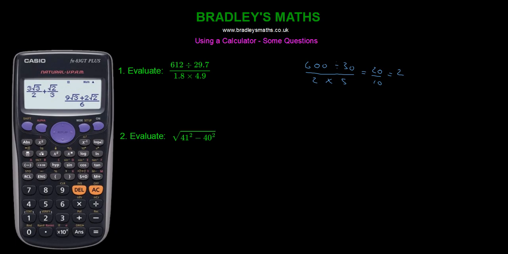So it's open brackets, 612 divided by 29.7, close brackets. That's the first line done. We're on to the bottom line.